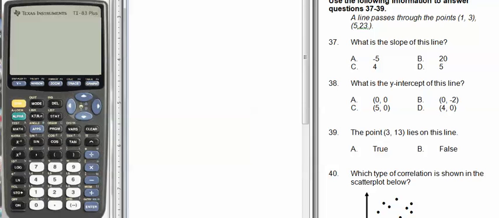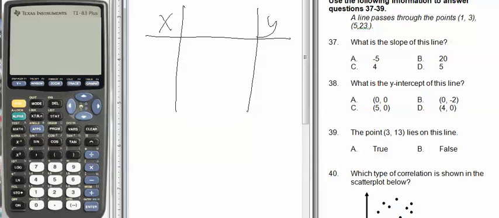So for the next 3 questions, we've got a little process we need to do here. So it says a line passes through these 2 points. So we're going to take a look at our little table over here. And we have x and y. So x is 1 and y is 3, and x is 5 when y is 23.